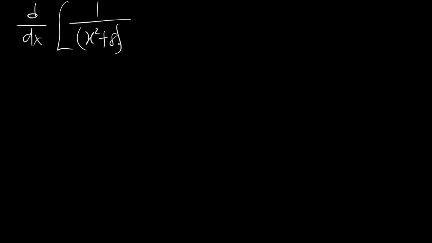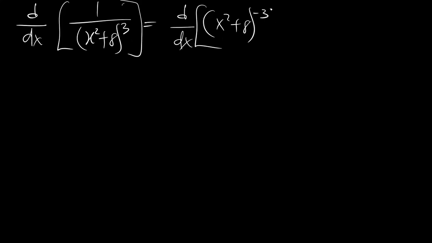Now let's look at the next one. You have the derivative of 1 over (x squared plus 8) all raised to power 3. This is the same thing as saying the derivative of (x squared plus 8) all raised to power minus 3, according to the law of indices.